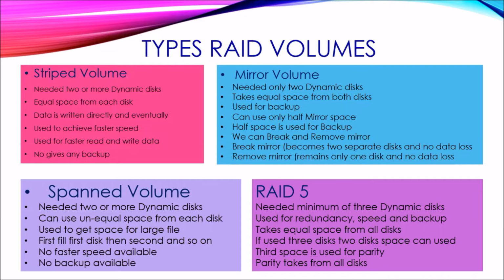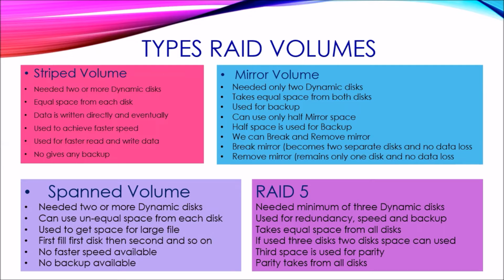The second type is the mirror volume. It needs only two dynamic disks, and we take equal space from both disks. This type of volume is used for backup, and we can use only half of the mirror space.